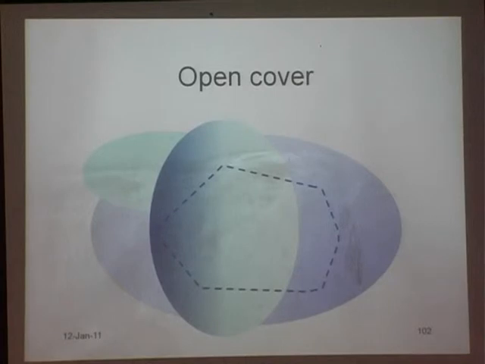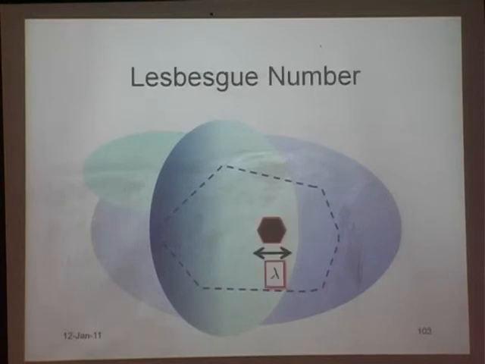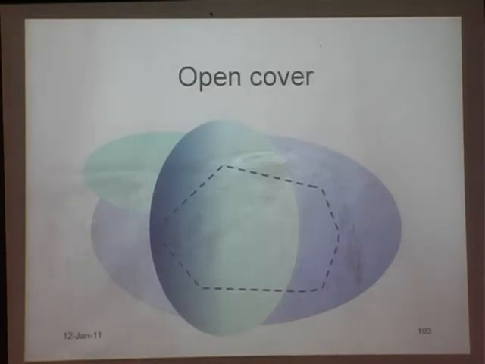So given a complex, we'll define an open cover to be just a set of open sets that cover it. So a set of open sets of Euclidean space that contain the complex that we're looking at. Now we're talking kind of elementary point set topology.